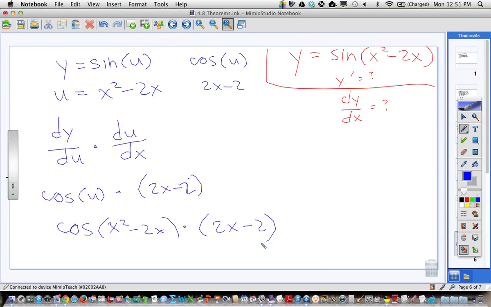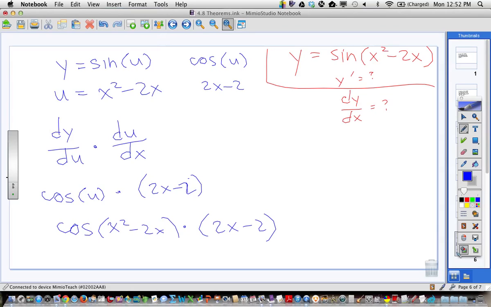Now, I think it's important to look at this because when we get into some antiderivative situations, we are going to want to look at it this way. It's going to help us make it easier to think in these terms. So we will be doing some of this then. But that's really another way to look at the chain rule, the derivative of the inside kind of stuff.